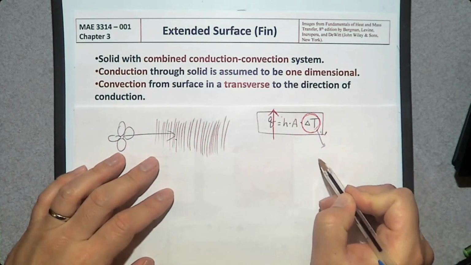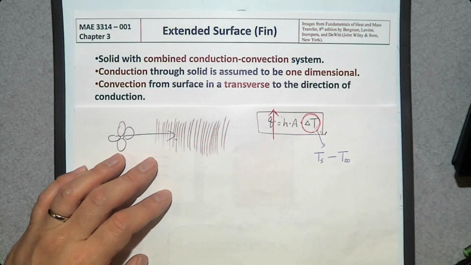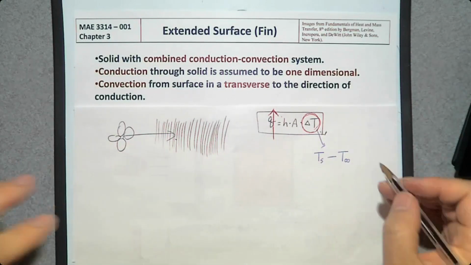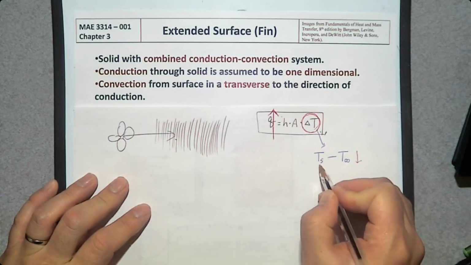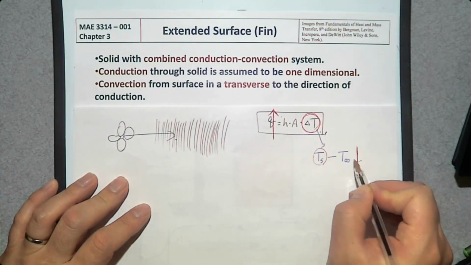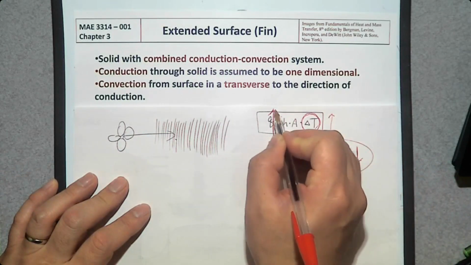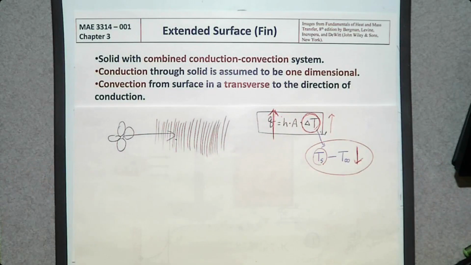So that means this delta T. Delta T means the temperature of the engine, the surface, minus the temperature of the surrounding air. So if you drive to Alaska, this temperature goes down while T has to remain constant. So if the T infinity goes down, delta T goes up. Therefore, Q goes up. Problem solved.